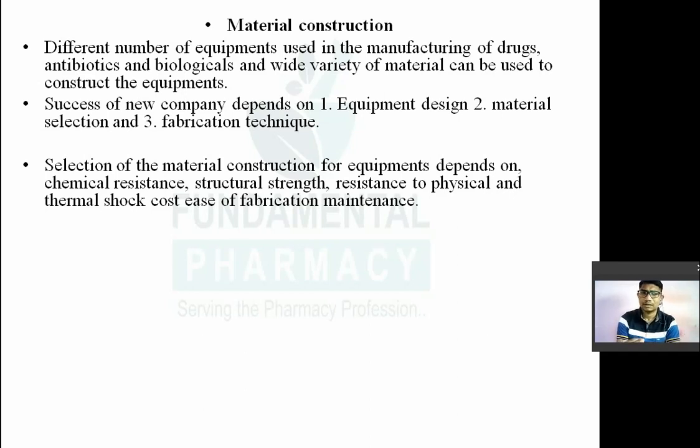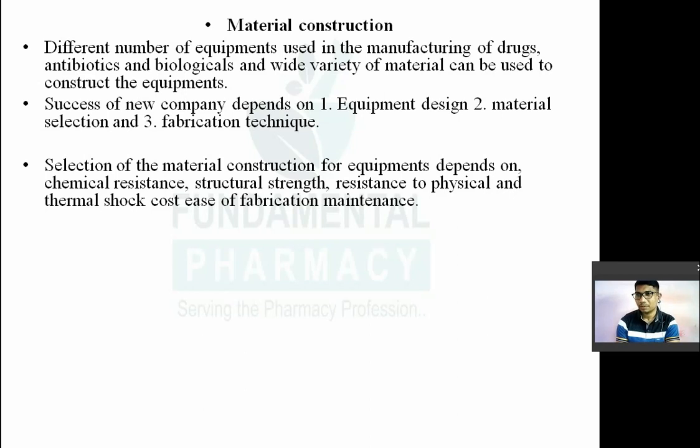So whatever material you are using for construction of either your containers or other equipments, that should have enough structural strength. Then again, the material should be resistant to physical, chemical, and thermal shocks. Okay, so it should not easily wear and tear.